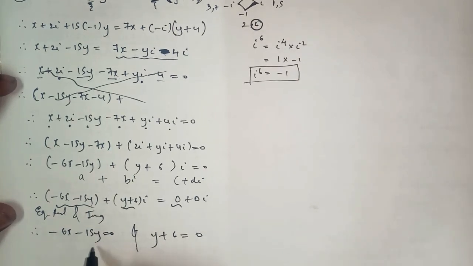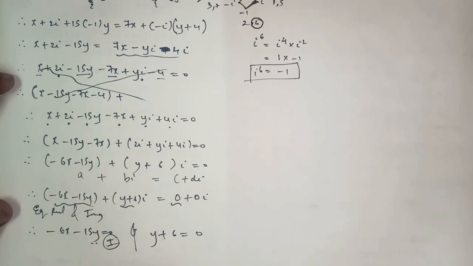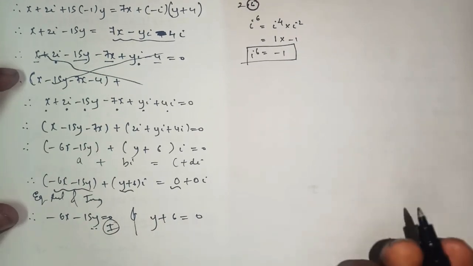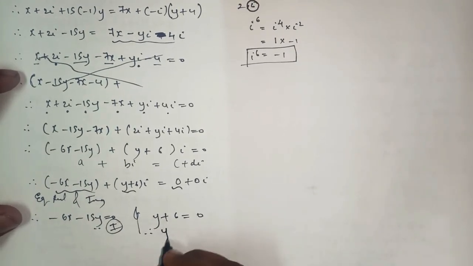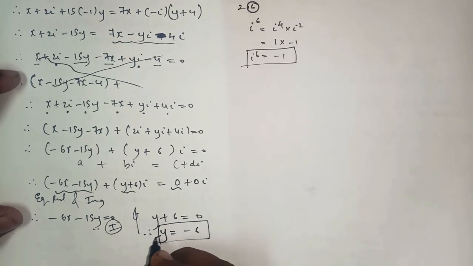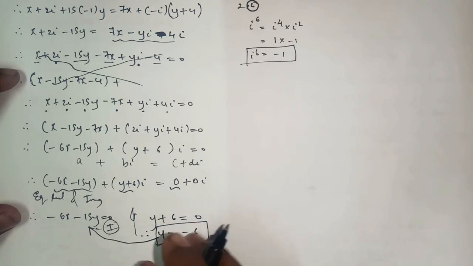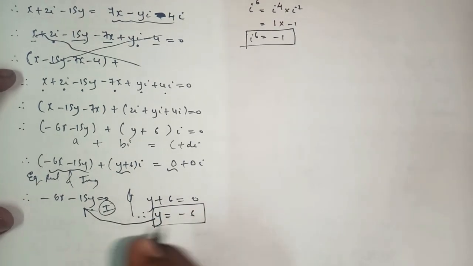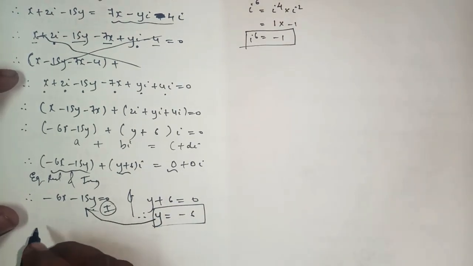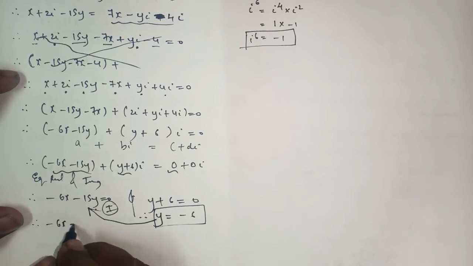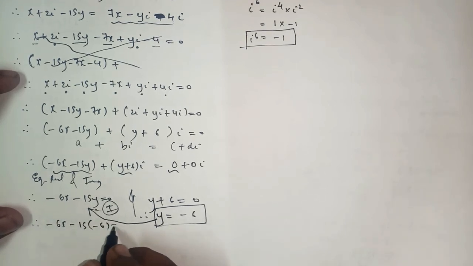As here we got this equation as linear equation in 2 variables, and here we got the linear equation in 1 variable. So straight away here we'll get the direct answer of y. Okay, simply substitute the value of y in equation number 1. So therefore minus 6x minus 15 into minus 6 equals to 0.